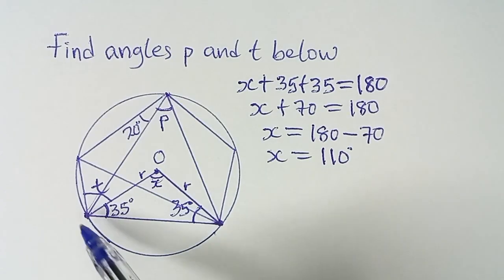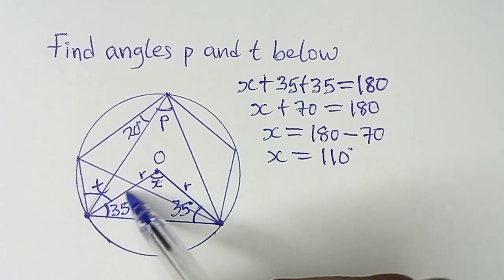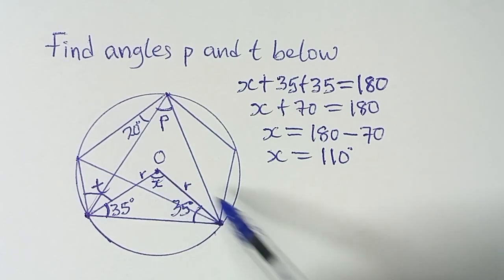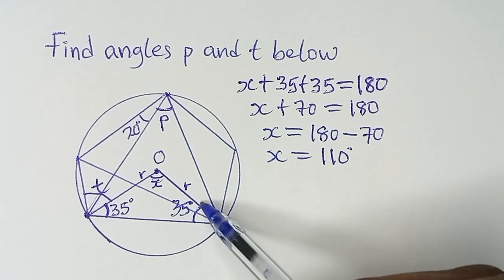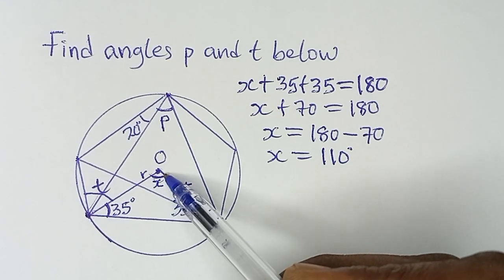Similarly, from these same two points, we have this line moving to the center of the circle, and this line moving to the center of the circle to form angle X here.